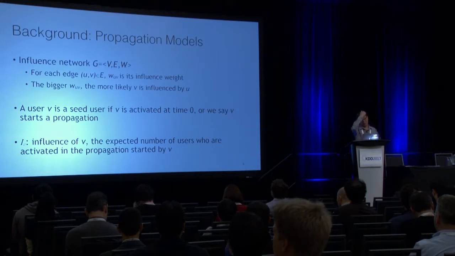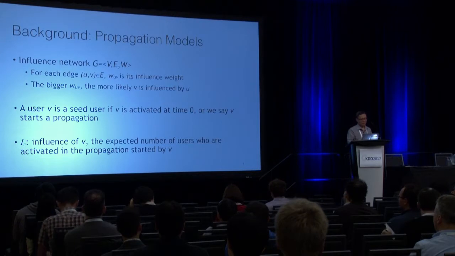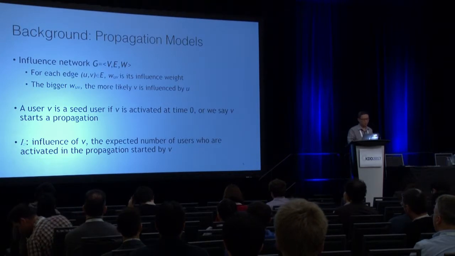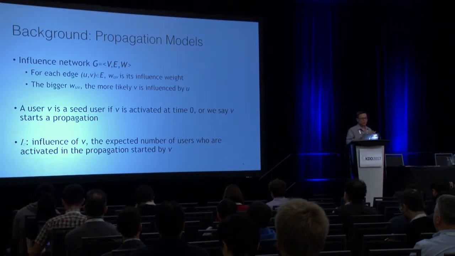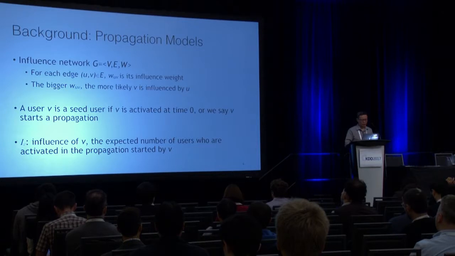Just a little bit of technical background. What are the propagation models? Typically, we have an influence network, and for each edge we have a weight, which is its influence weight.